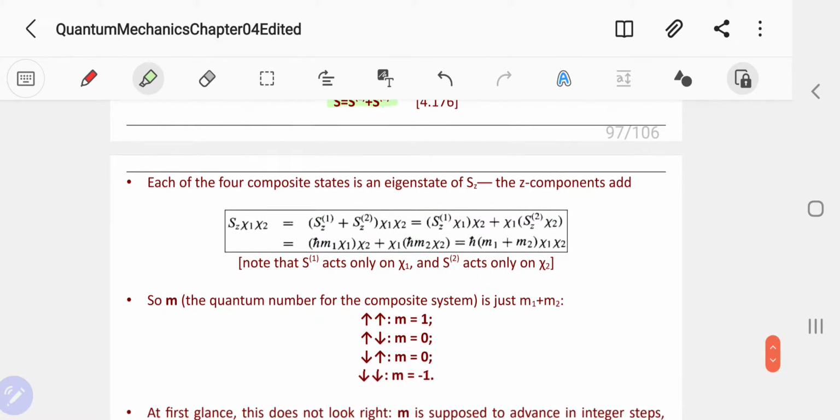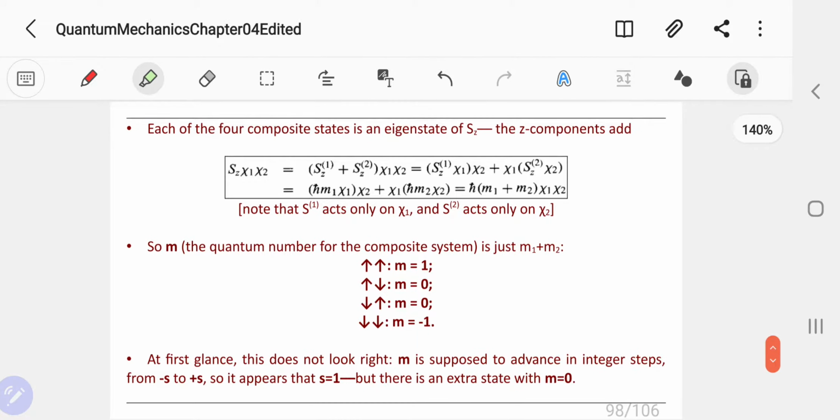So you have two particles, so there are two states. This is for the first particle, and this is for the second particle. And you operate Sz, or the spin z, on the particles. So since there are two particles, you have Sz1 plus Sz2 on chi1 chi2.